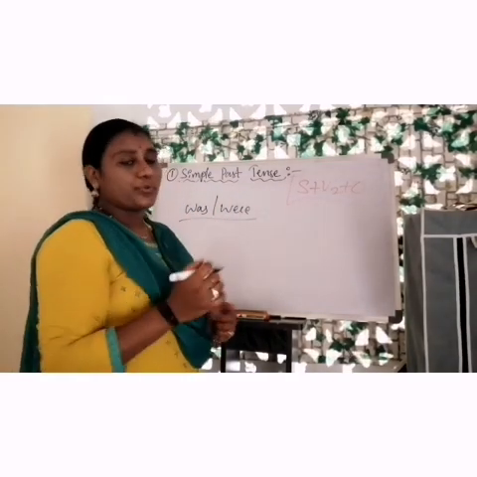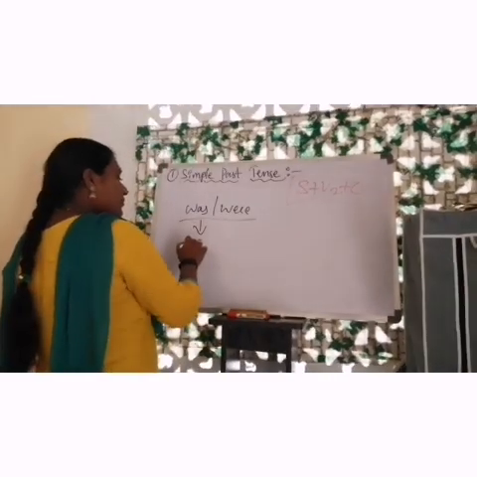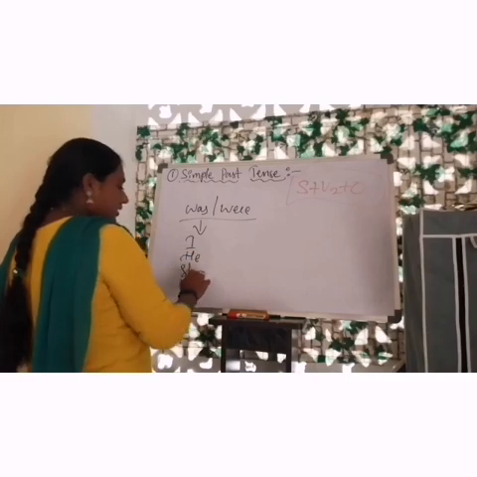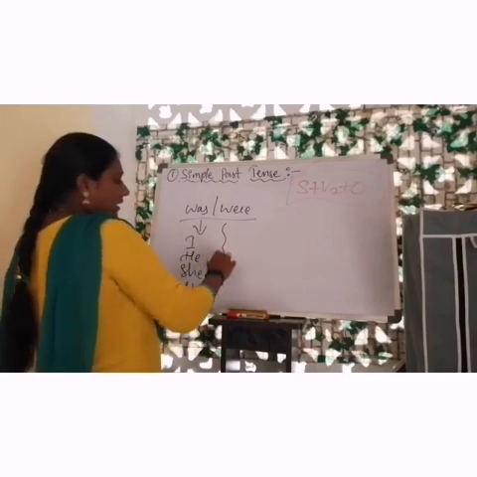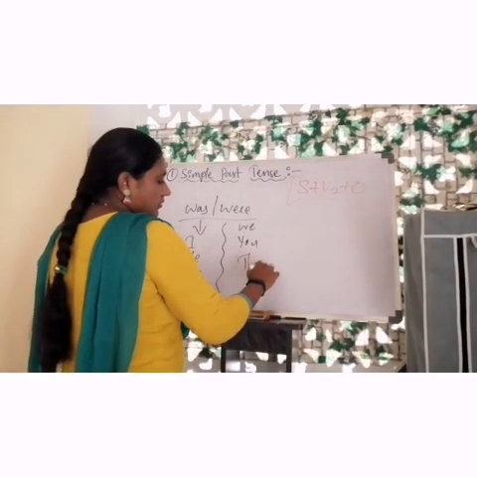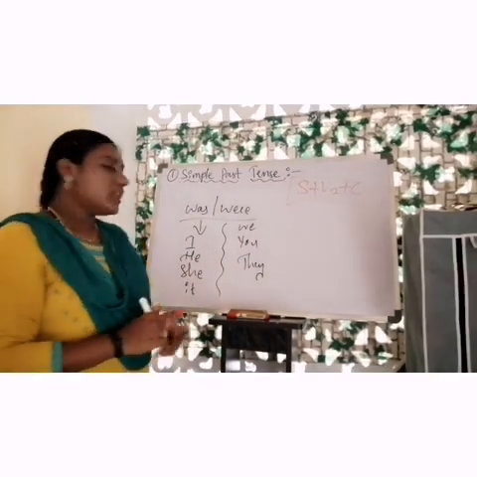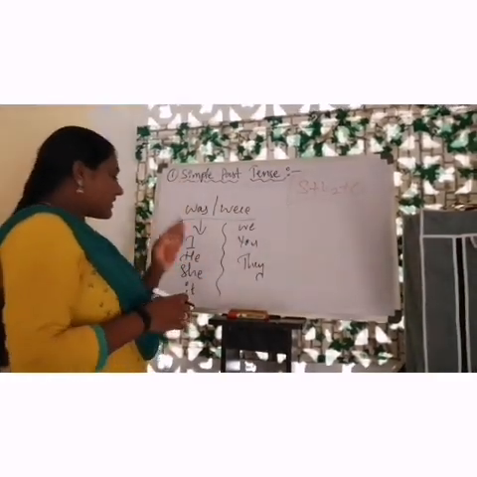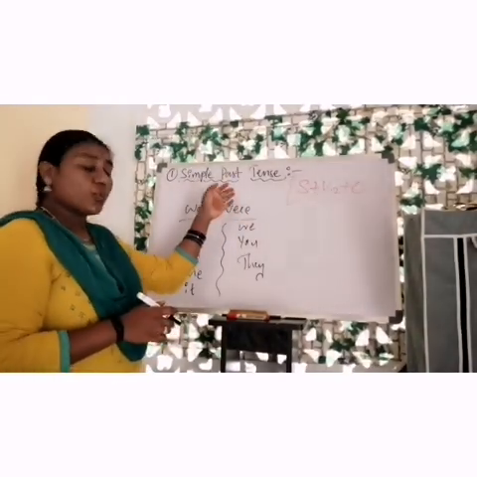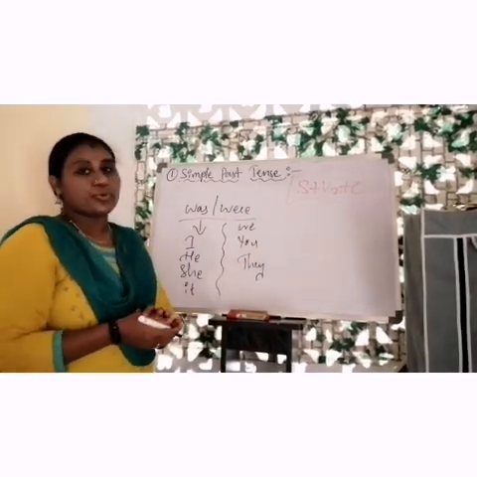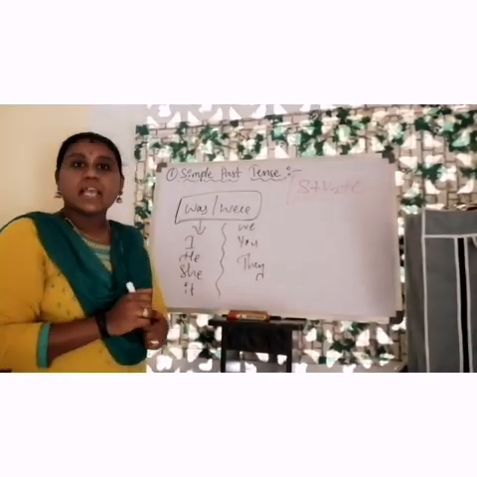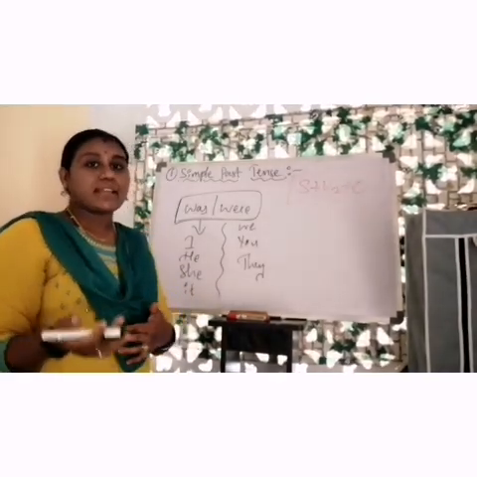You know that we use was for I, he, she, it, and we use were for we, you, they. So I was, he was, she was, it was. And here we were, you were, they were, of course. So we use was and were as helping verbs in simple past if we say any affirmative sentence.